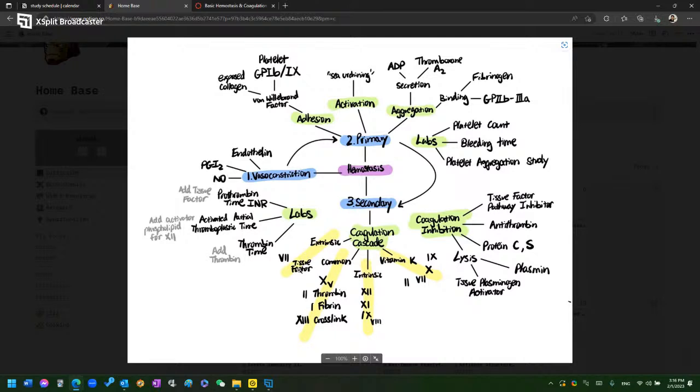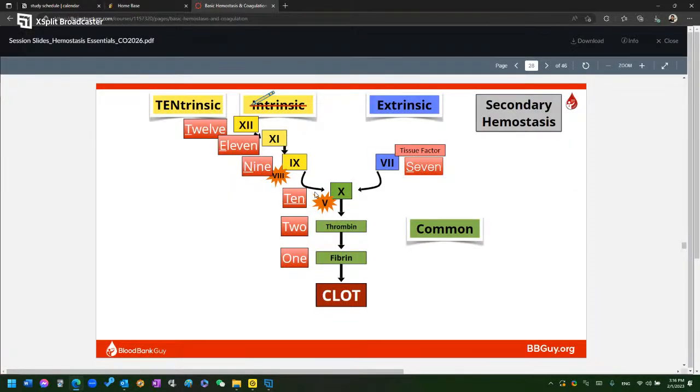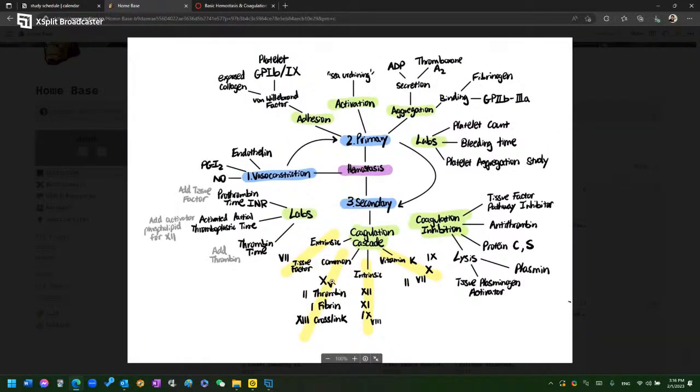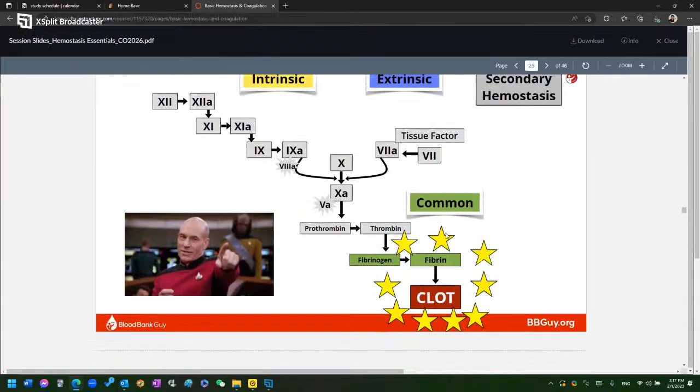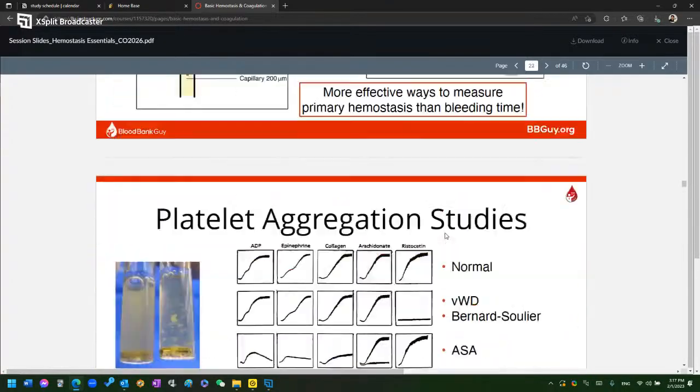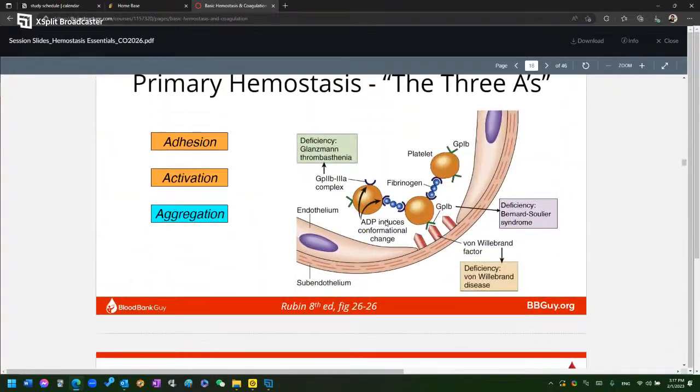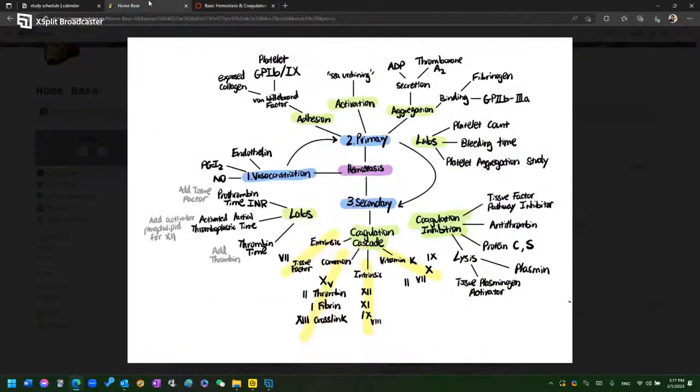It's our tissue factor. And so that'll all come together. And then you'll have the common pathway, which starts with 10, 2, 1. 1 is fibrin, which is essentially the same thing as fibrinogen. It's just the finished form of fibrinogen, which is this little hand-holdy guy right here.